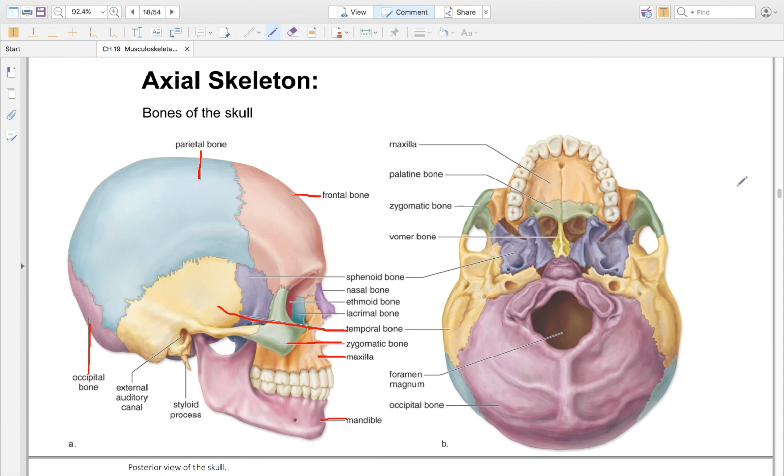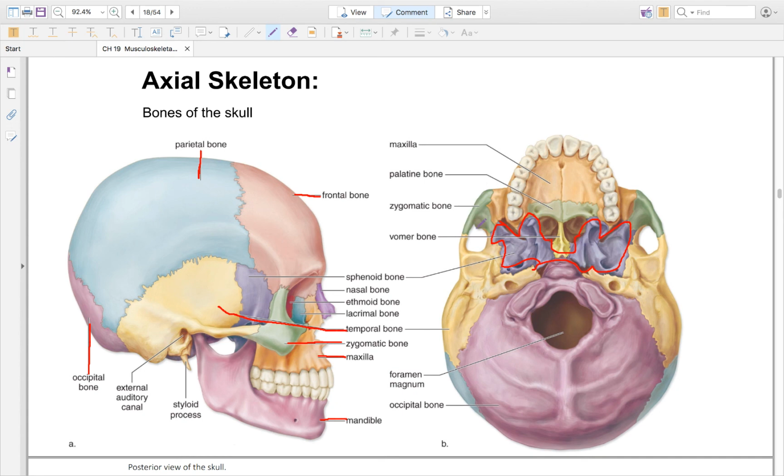Now if we flip the head over, such as in this view, we can see more bones, and we can see the sphenoid bone, and I'm going to show it to you up close. But the sphenoid bone is here in purple. I can trace it all the way around. So you want to know the sphenoid bone.